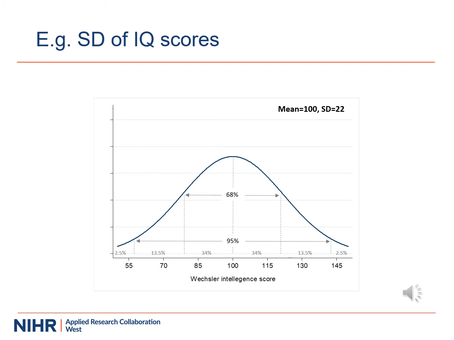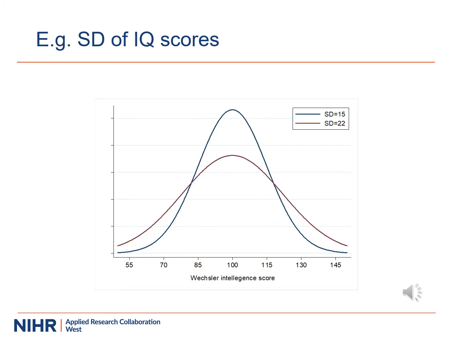It's still normal, it's still symmetrical and bell-shaped, but there's more variation in scores. Scores are more spread out around the mean. In this case, 95% of the sample have scores between 56 and 144, because that covers the range of two standard deviations, or 44 IQ points, either side of the mean.